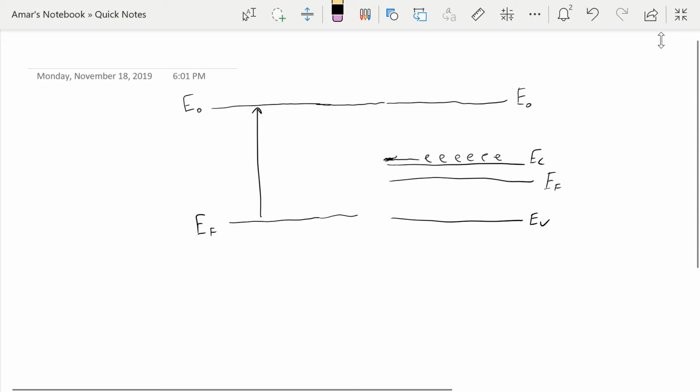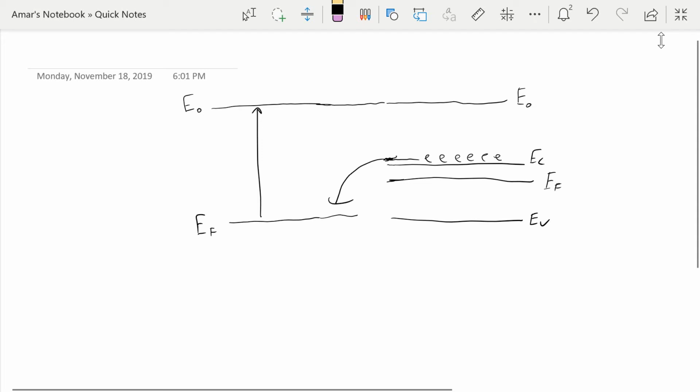Notice that the Fermi levels are different. Initially, when the two materials are brought into contact, this side has a higher Fermi level than the metal side. So you have a bunch of electrons up here and a bunch of energy states down here, and the electrons will just want to flow down like this.